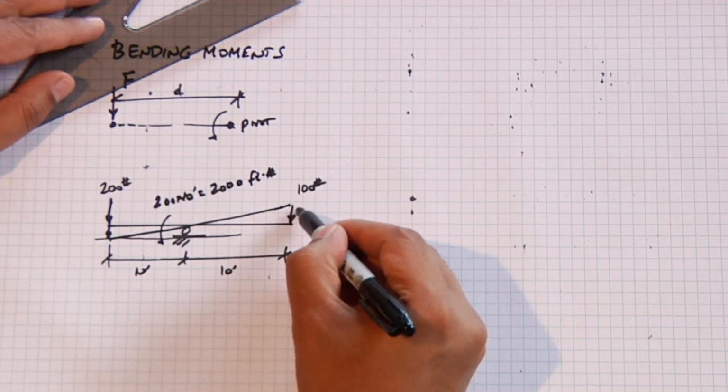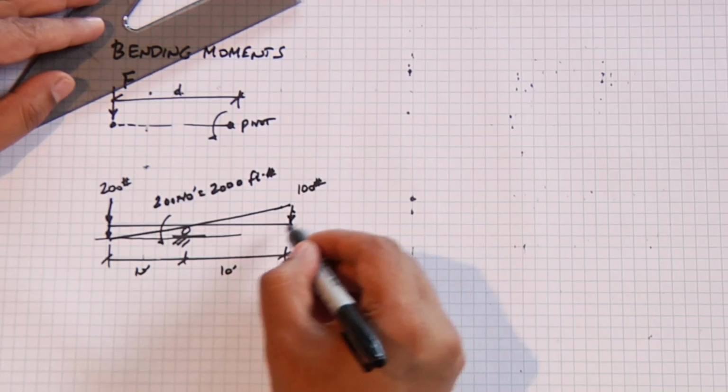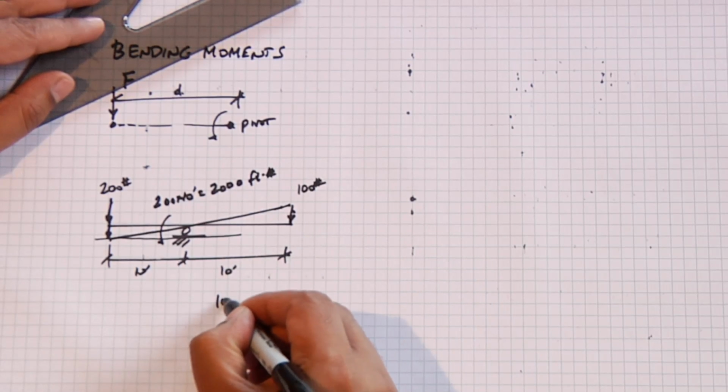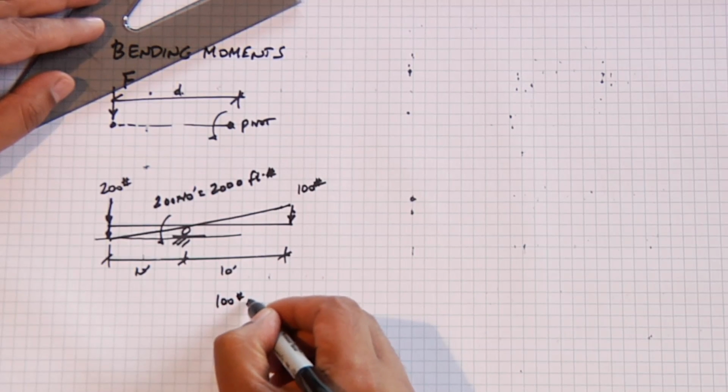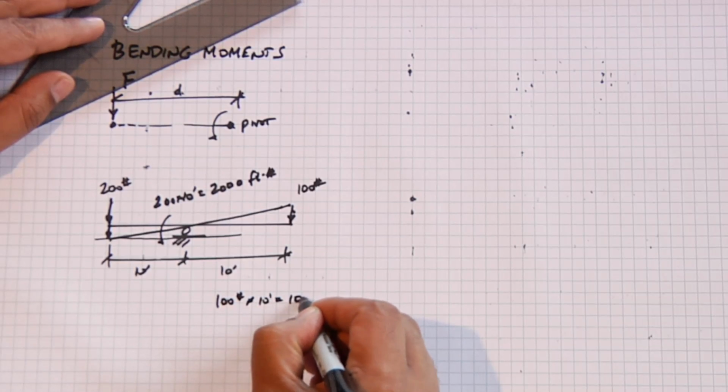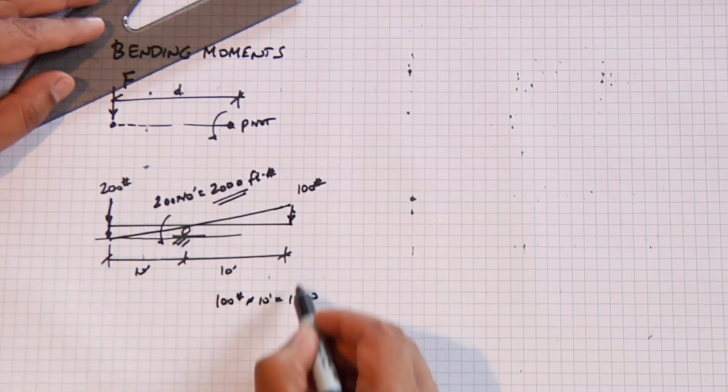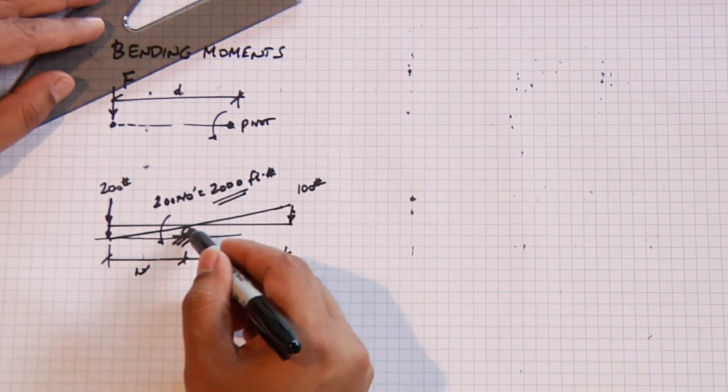The bending moment from the person on the right-hand side produces 100 pounds times 10 feet, or 1,000 foot-pounds. So the 2,000 supersedes the 1,000, and so the seesaw tilts, in this case to the left.